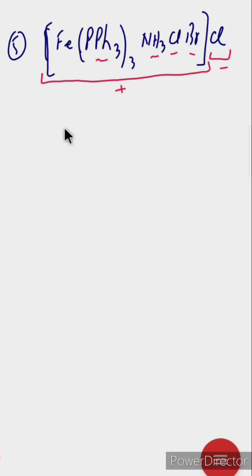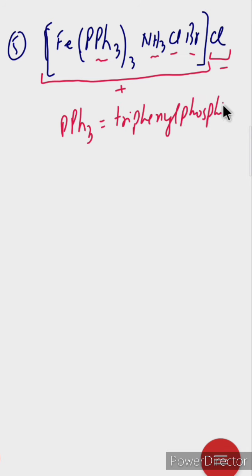PPh3 is triphenylphosphine. What is phosphine? PH3 is phosphine, and if these 3 hydrogen atoms are replaced by 3 phenyl groups, then this is our triphenylphosphine, right?